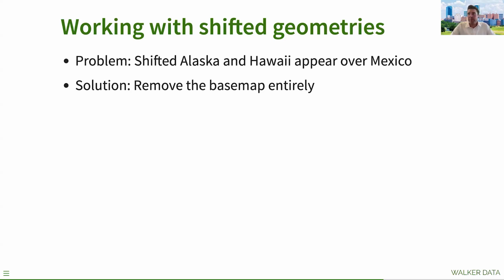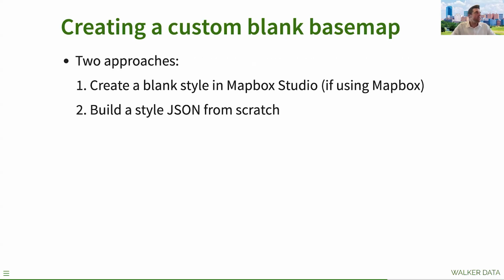So the solution is to remove the base map. And this actually answers one of the questions that someone had asked earlier. So if you're using Mapbox, one approach is you can create a blank style in Mapbox Studio and bring that in as the style you're using in your map. So we're not covering Mapbox because of the paid account and access token issue for the purposes of today's workshop.